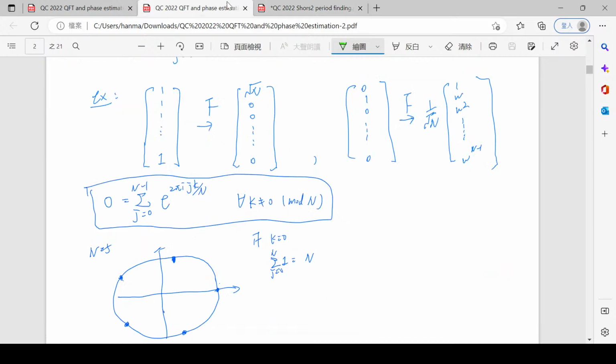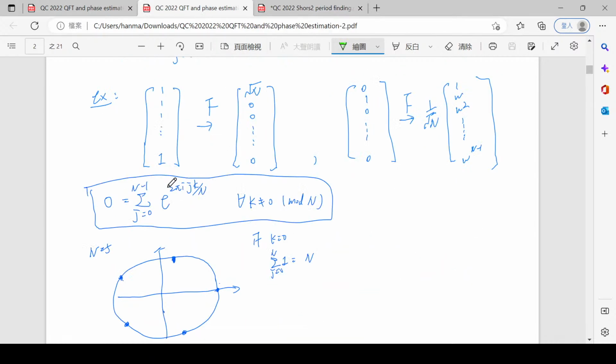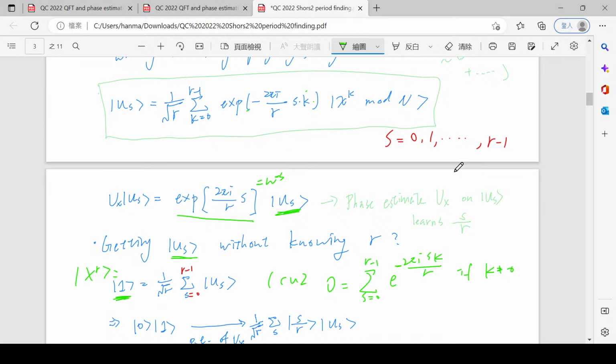So this is equal to this. We're just changing the sign to negative, but that's doing complex conjugation, and the complex conjugation of 0 is still 0. And j becomes s and r becomes N, and k is still k.